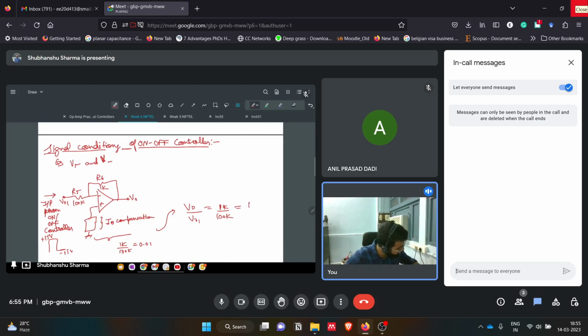The voltage we need is 1 volt, and the input is 15 volts. So V naught is 1 volt now.